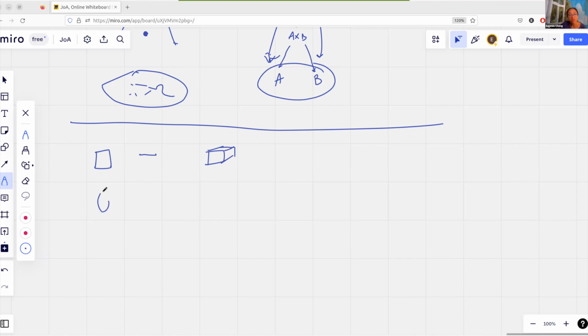If you take a product of a circle and a line, you get a cylinder, a really good cylinder. If you take a product of a 2-dimensional thing and a 1-dimensional thing, you get a 3-dimensional thing.